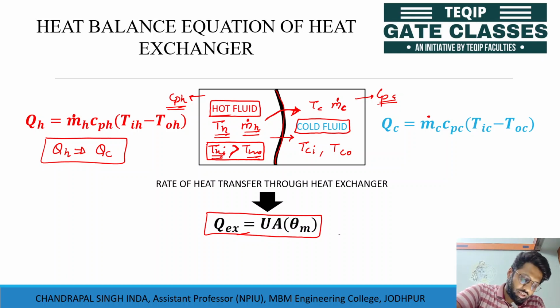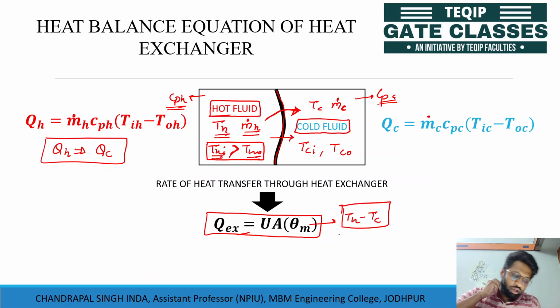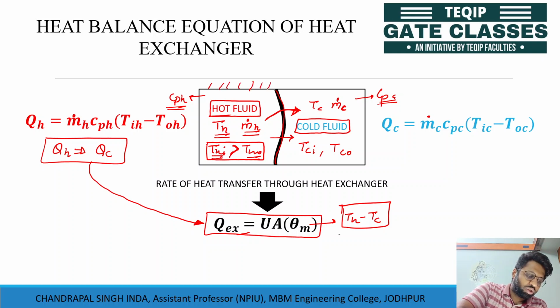Theta m is the temperature difference between the hot and the cold fluid, U is the overall heat transfer coefficient, and A is the effective area of heat transfer. By the first law of thermodynamics, these two types of heat will be equal to the heat transfer through the heat exchanger, as we have considered that there is no loss to the surroundings. It is an adiabatic device.